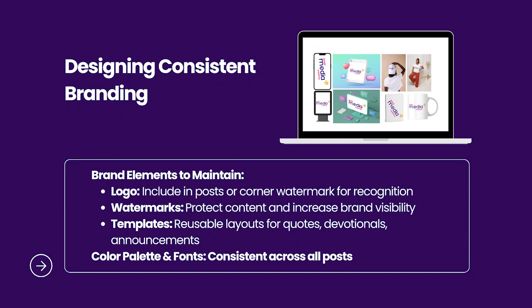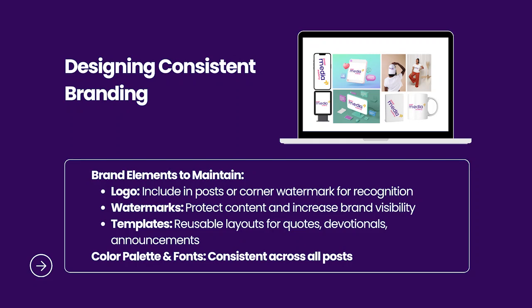And then, how can we design consistent branding? So under consistent branding, these are brand elements that you need to maintain across all your platforms. The logo: you should include your logo in posts or as a corner watermark for recognition.